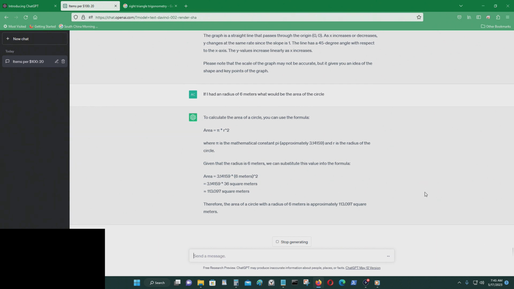Okay, that's correct. The area of a circle is pi r squared.